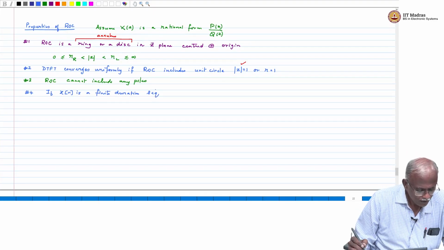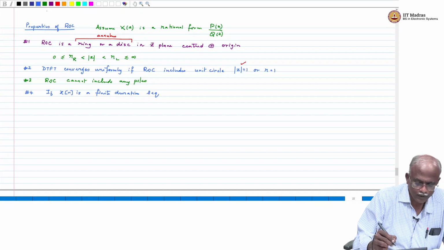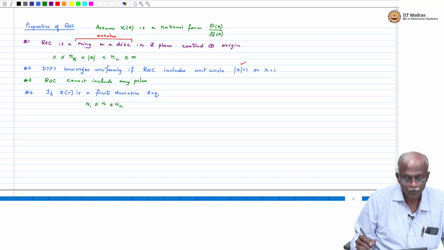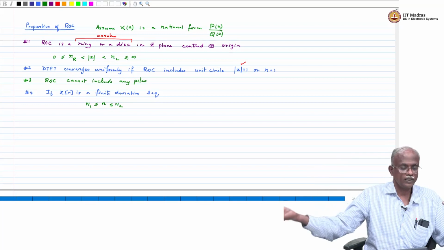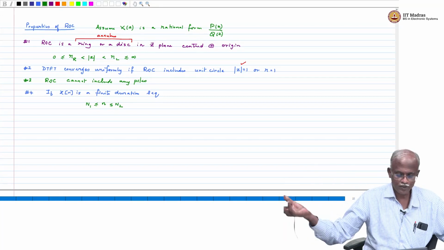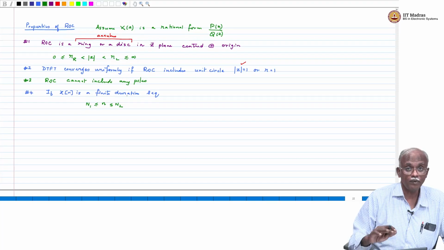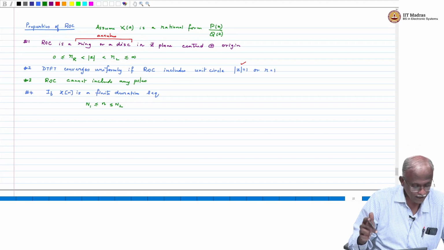Now, what do we mean by a finite duration sequence? That means it is defined between two integers n1 and n2. It could be 0 and 10, minus 5 and plus 5, it does not matter. It is between two integers. They can be positive or negative, but at least they are finite integers.